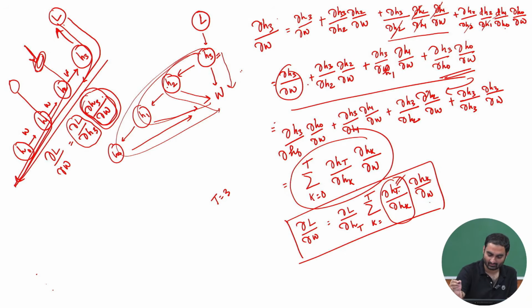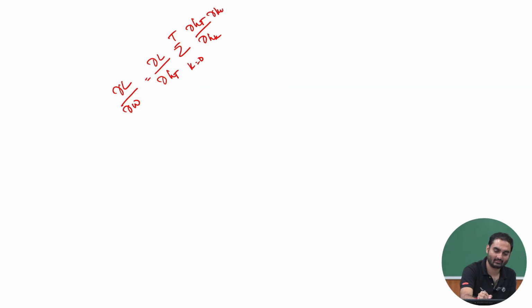Okay, so now let me write this one again. dL/dW is dL/dh_t times the sum over k equals 0 to t of dh_t/dh_k times dh_k/dW.